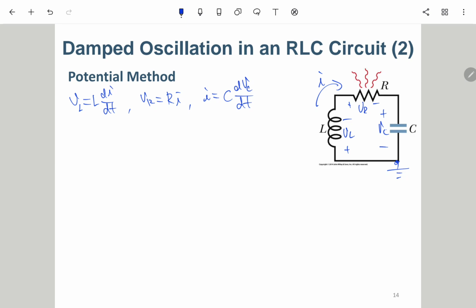So we have these three equations. And then we can also use KVL to write VL plus VR plus VC equals 0.